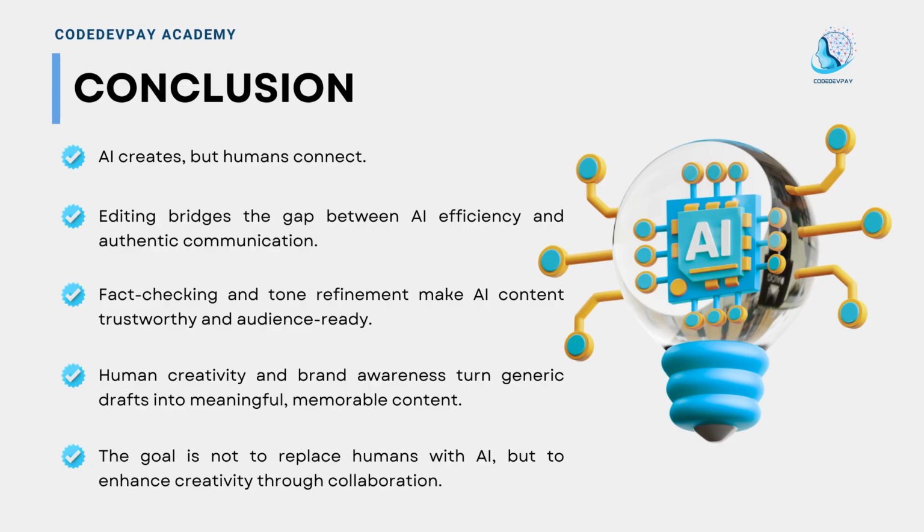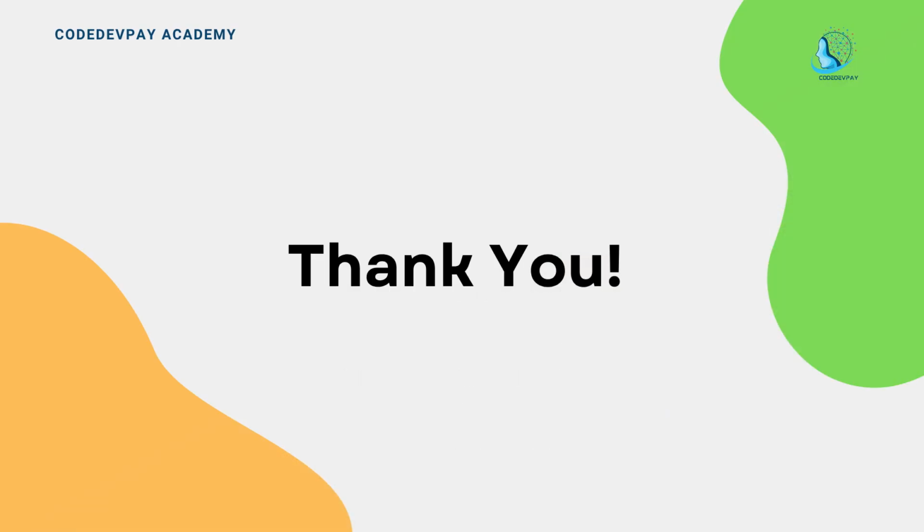Human creativity and brand awareness turn generic drafts into meaningful and memorable content. And the goal is not to replace humans with AI, but to enhance creativity through collaboration. So that's the end of this lesson.